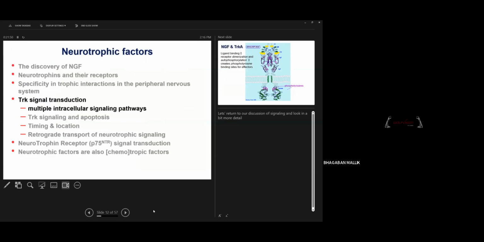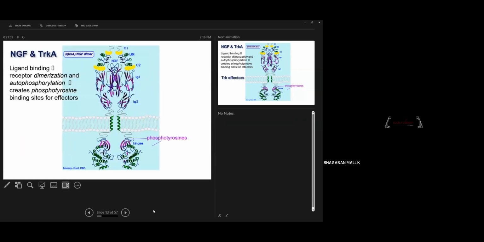Okay. We'll talk more about the TRK signal transduction pathway, in more detail, how the receptor and the ligand, the neurotrophins, interact, and how they can initiate the downstream signaling cascade. Here I mentioned that two neurotrophins bind to the receptor, then they dimerize. Two NGF molecules bind here, then there are conformational changes.